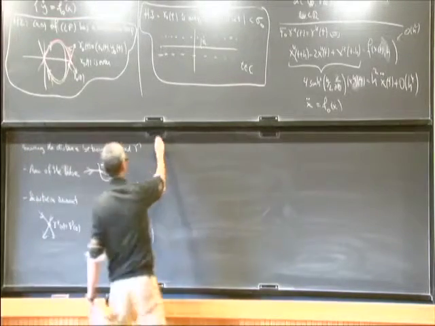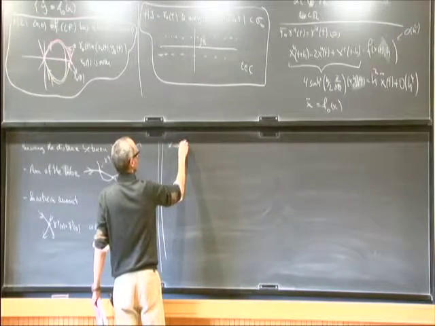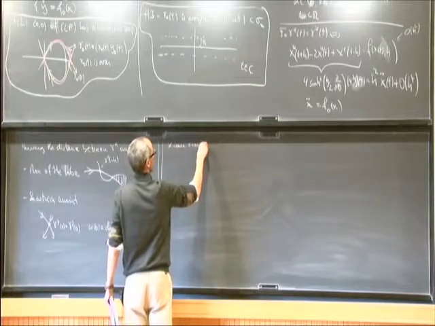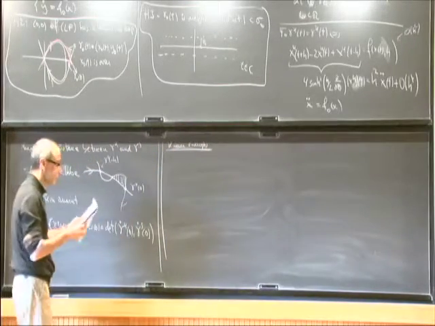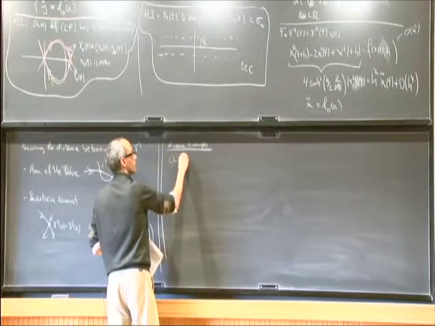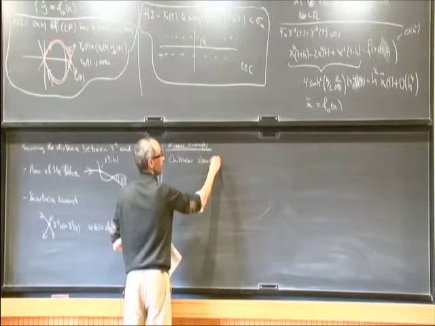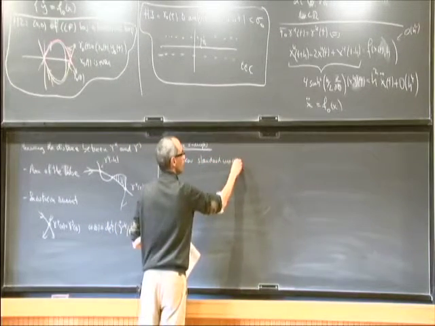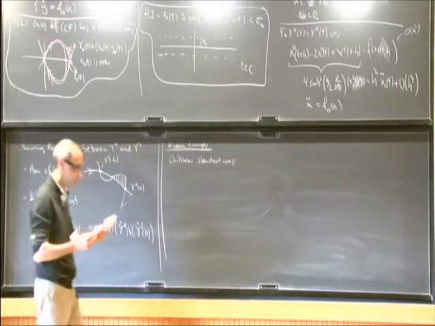Let me review some known examples. Probably the best known is the Chirikov standard map. It was introduced by Chirikov to study resonances, what happens around resonances.